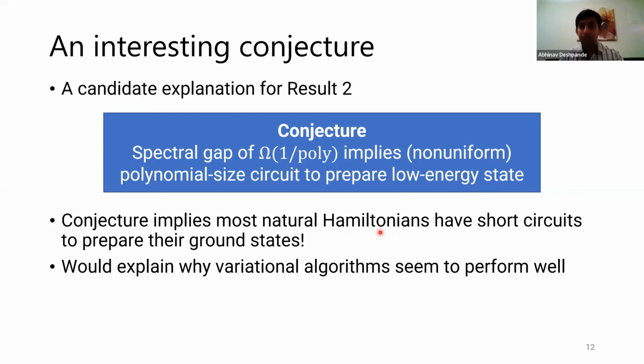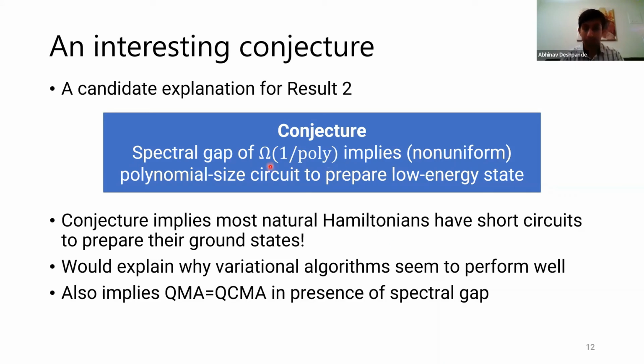And this would explain why variational algorithms such as the VQE and other heuristic algorithms seem to perform so well, because the Hamiltonians of interest usually have at least a constant spectral gap or an inverse polynomial spectral gap.